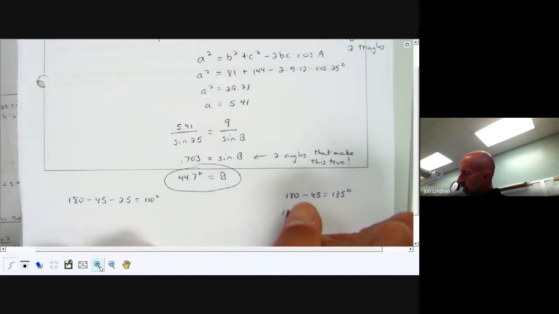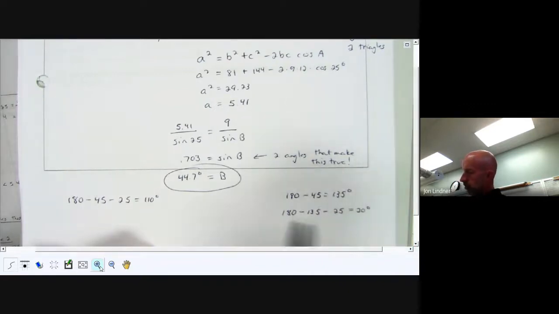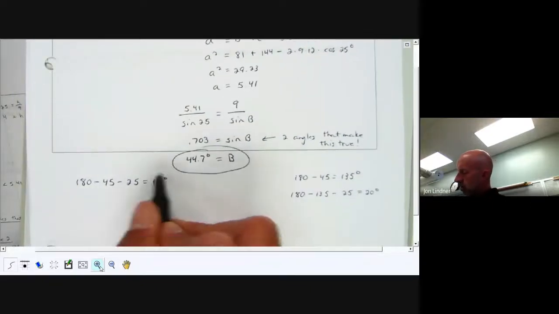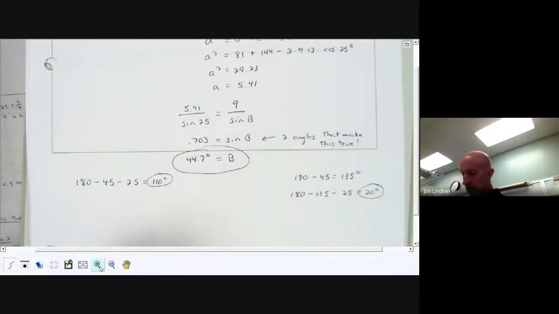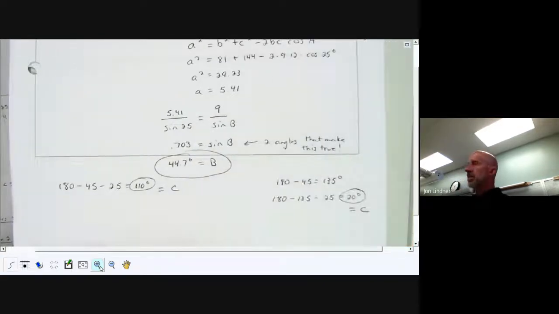So if I did 180 minus 135 minus 25, I get 20 degrees. And this is where it becomes easier than the law of sines. Look at these two angles. Okay, these are the two possibilities for angle C. Now look at our picture.